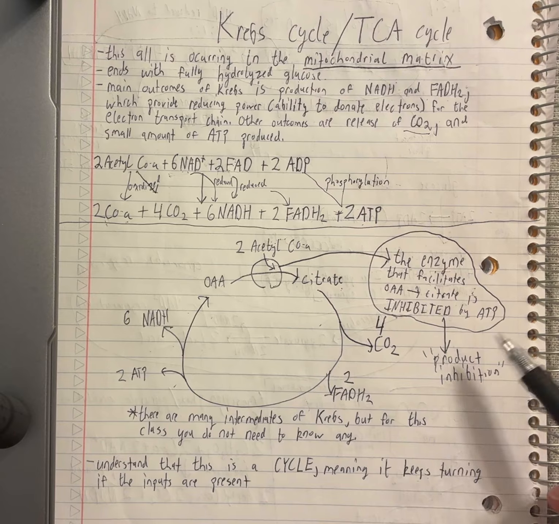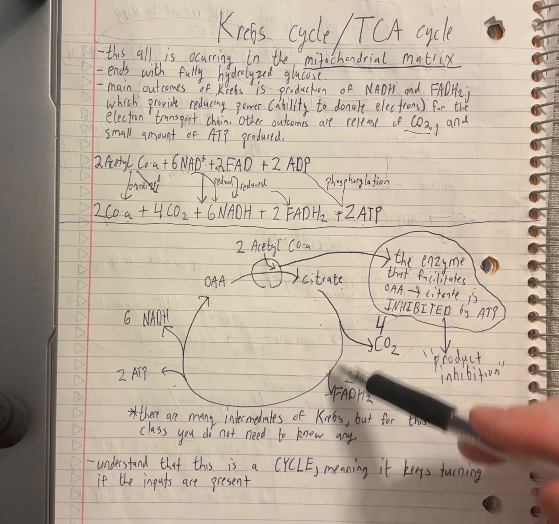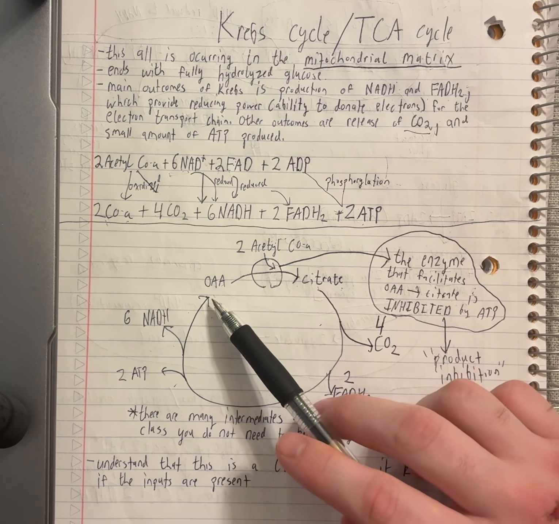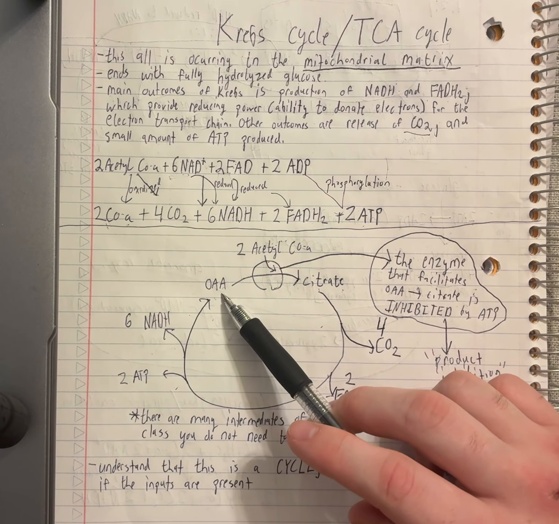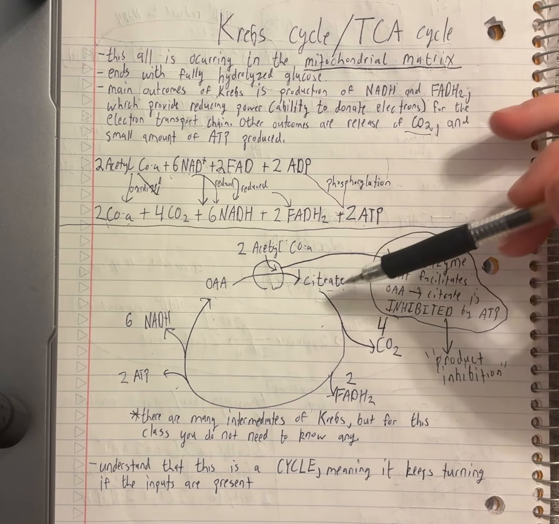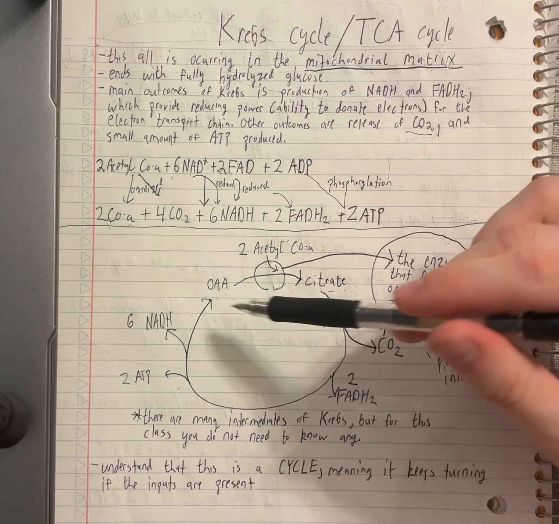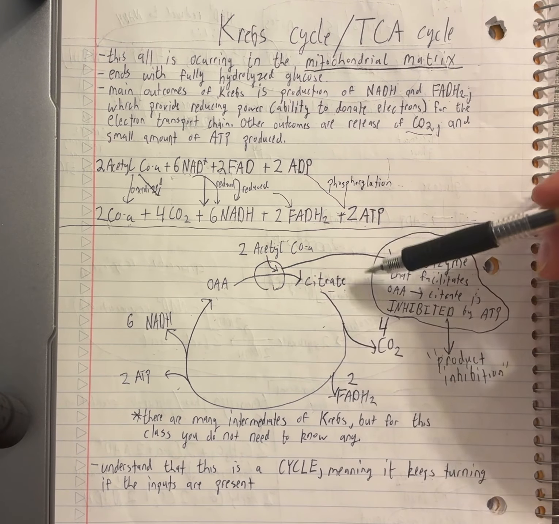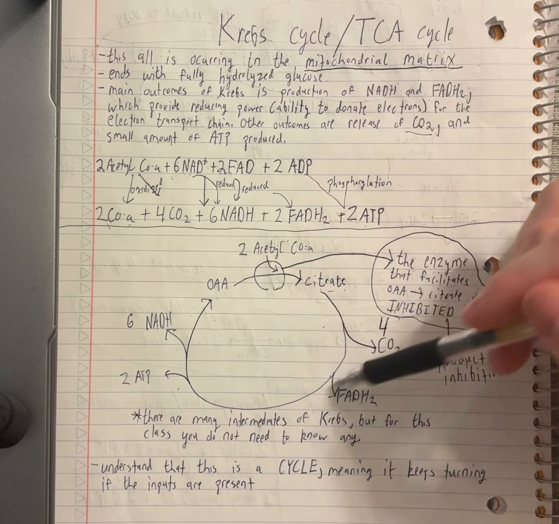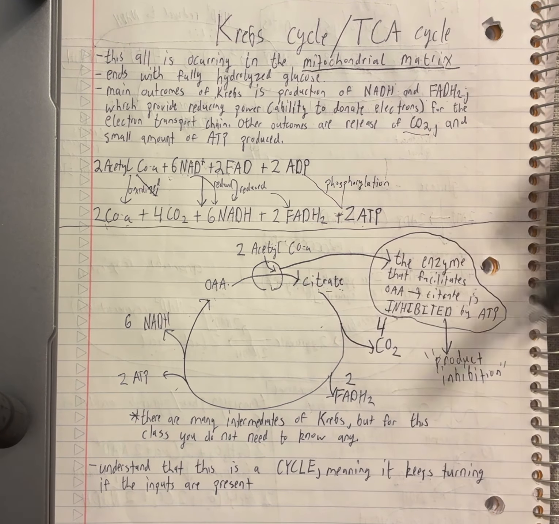I think there are 8 steps, and I included the first and last, which are citrate and OAA, oxaloacetate. You don't need to know those necessarily, but this is a cycle. So it's important to remember that as long as we are getting the proper inputs, this can just keep turning indefinitely because the end product gets converted into the start product.